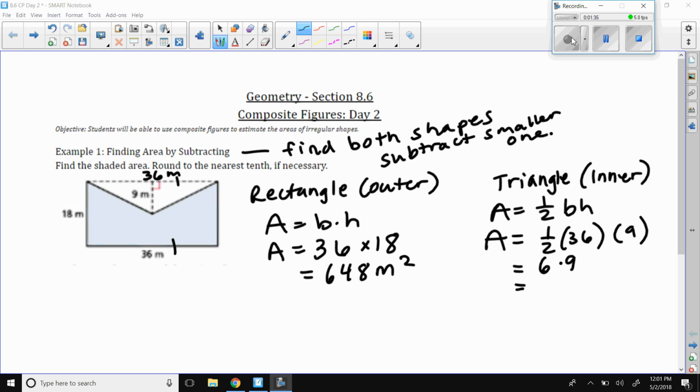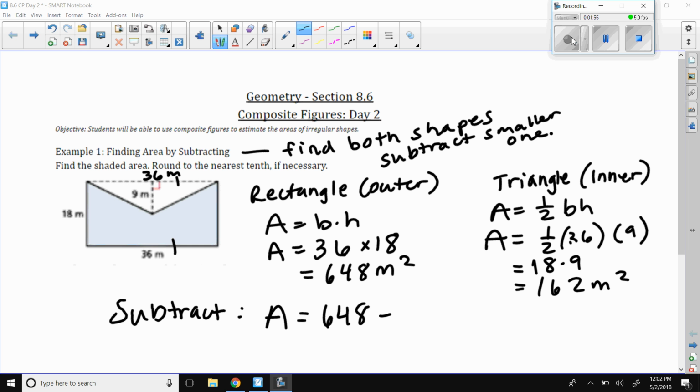Nope, that's not right. Half of 36 is 18, times 9, which gives me 162 meters squared. Okay. In this case, you want to subtract. So my area is going to equal my 640 minus my 162.